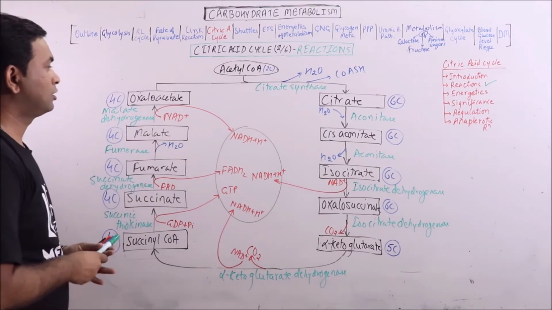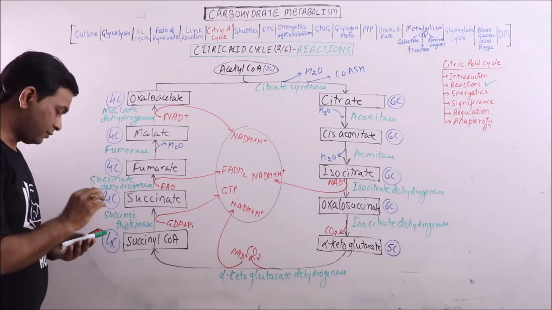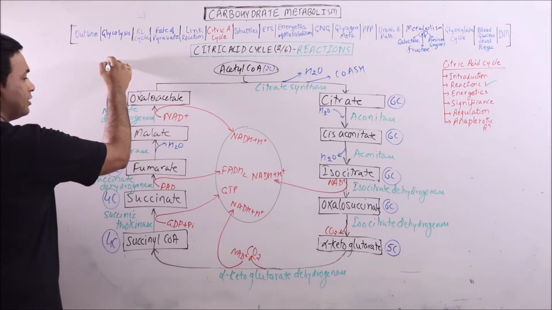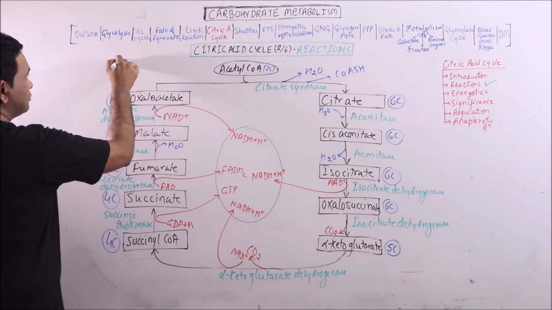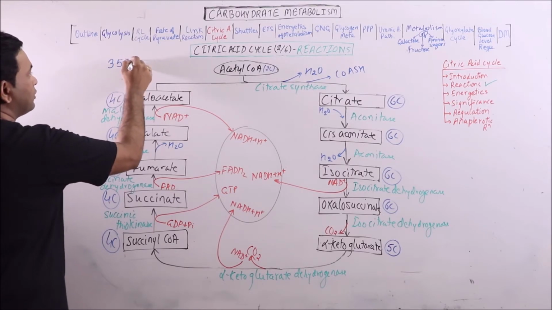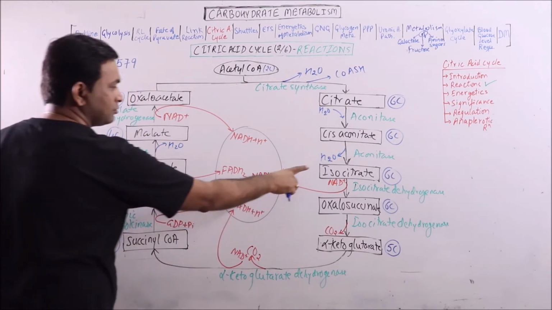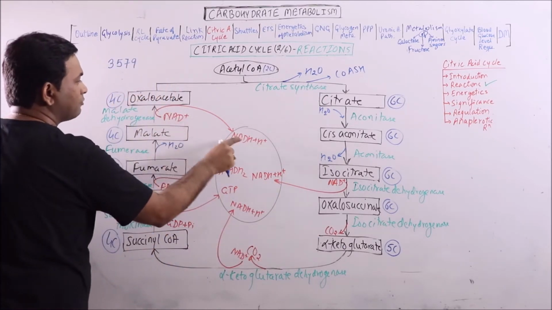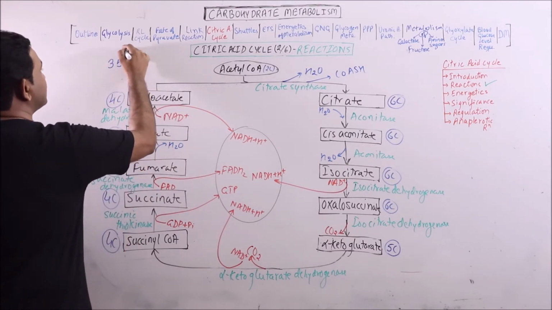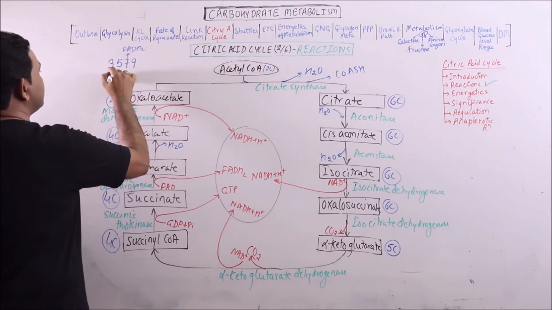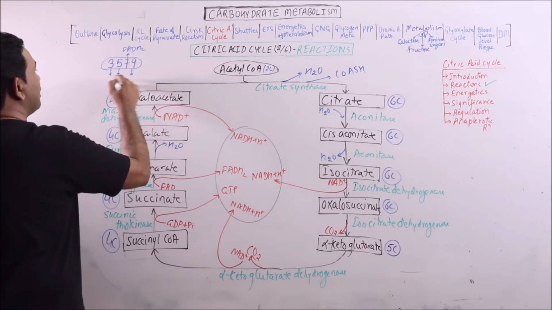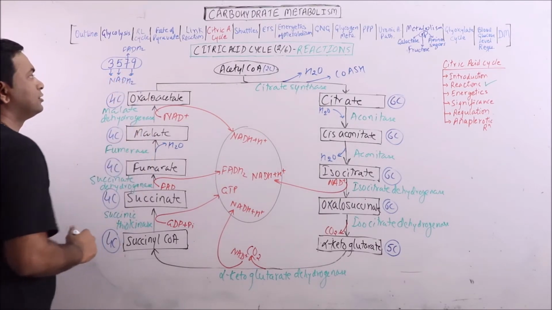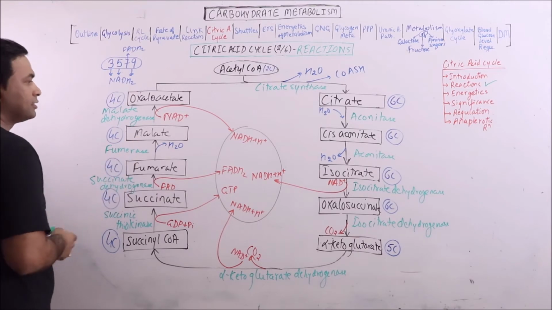So this is the Krebs cycle. It's important to note a few points. Dehydrogenation has occurred after the third compound, fifth compound, seventh compound and ninth compound. Only after the seventh is FADH2 formed, while after the third, fifth or ninth NADH is formed.